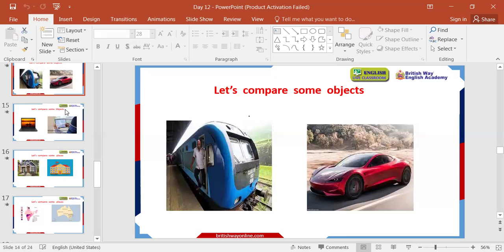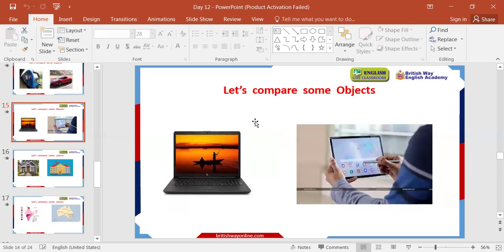How do you compare laptop and the tab? Laptops are more famous than tablets. The tab is more comfortable than laptop.